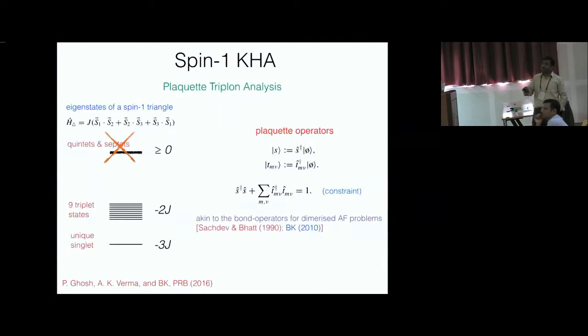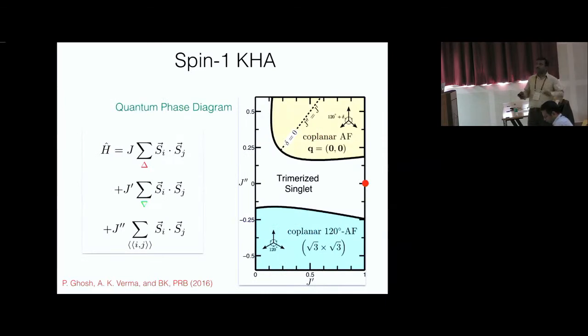Basically, we rewrite this entire model in an effective bosonic theory made of these so-called plaquette operators, which are analogs of the bond operators that we are so familiar with in the dimerized antiferromagnetic problems. We locally construct the Hilbert space in a restricted way, because quintets, etc., are very high in energy. So we just look at the unique singlet and the lowest lying triplet excitations and construct an effective bosonic theory. And the result of that theory is this phase diagram.